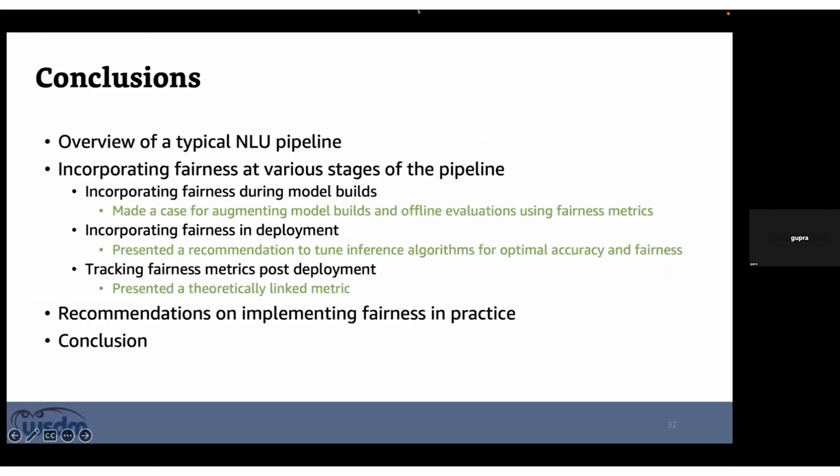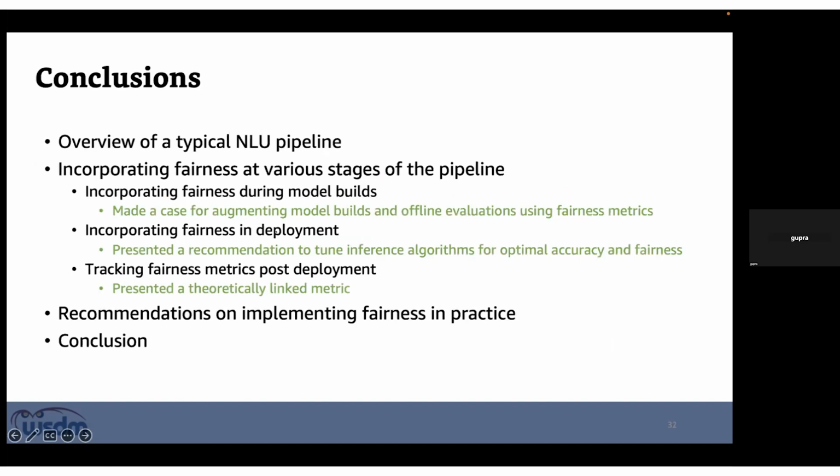So that I'd like to conclude my talk. I hope I made my case clear. I presented an overview of a typical NLU pipeline and talked about incorporating fairness at three different stages. The model build, where I talked about starting with a large model, distilling it and fine tuning it.